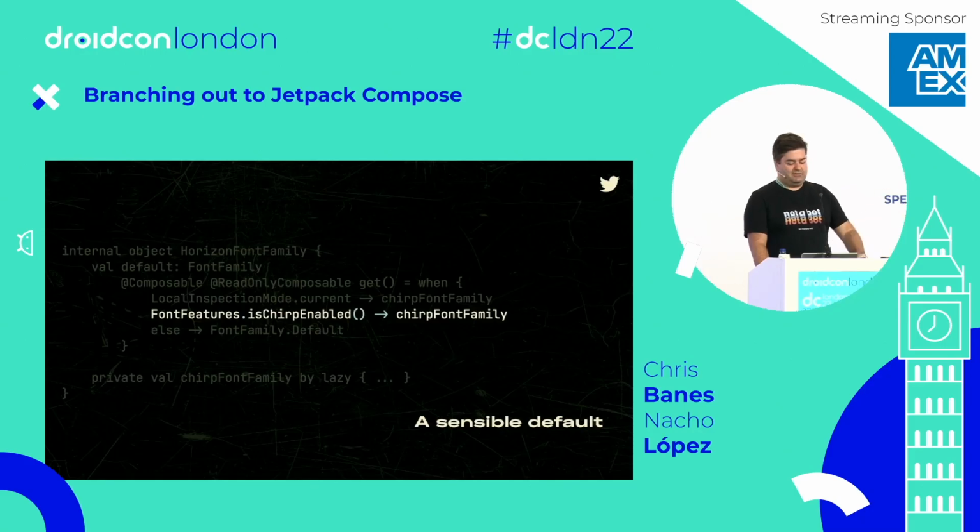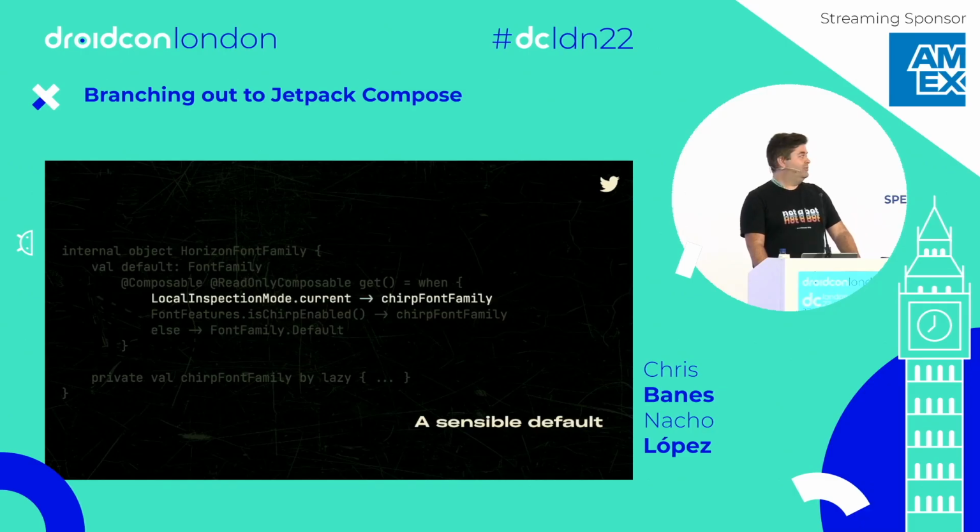Otherwise, it's going to go with the default one, right? And this was crashing our previews because it was hitting the API, and the API wasn't there. So with LocalInspectionMode, we're able to detect this, and we're able to provide it before the feature flag is even set. So you can provide the defaults or the best case scenario or the treatment or whatever that you want, and give it directly.